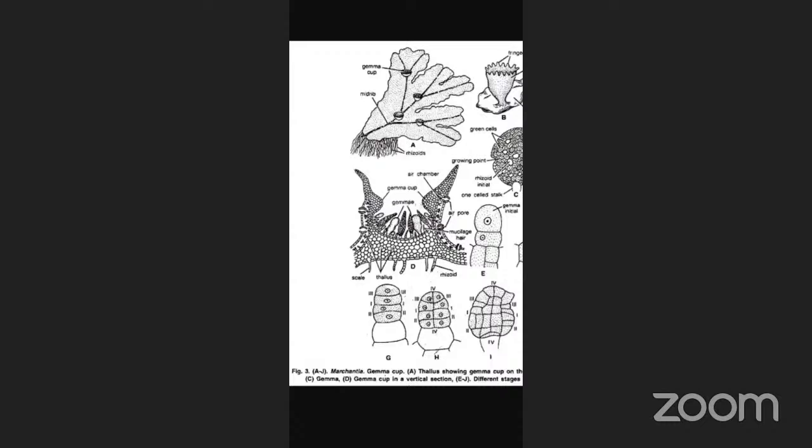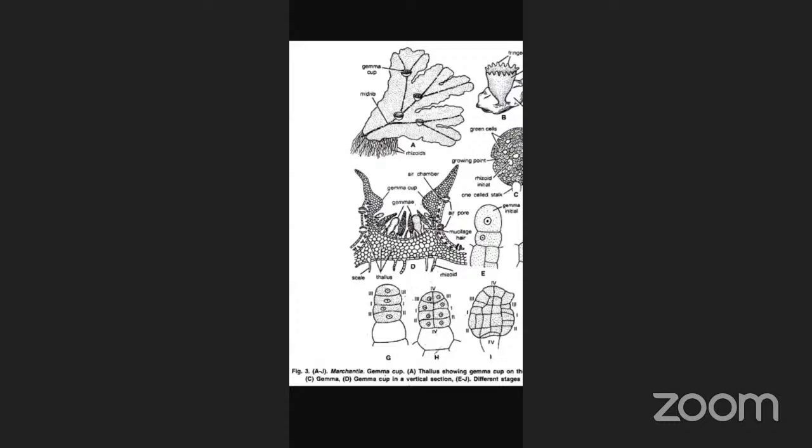Internal structure of the thallus: we can take the transverse section, which has a single-layered epidermis, the upper epidermis and the lower epidermis. The upper epidermis has several areolae, that is air pores, which means aerenchyma.